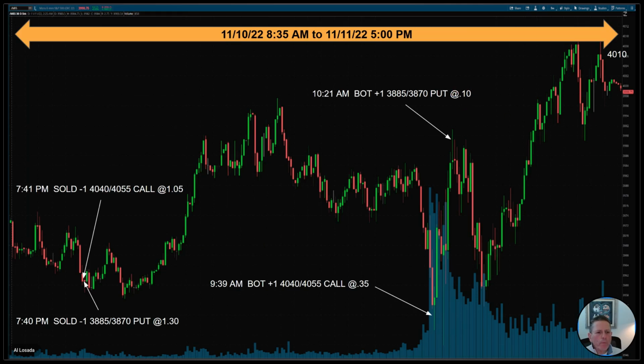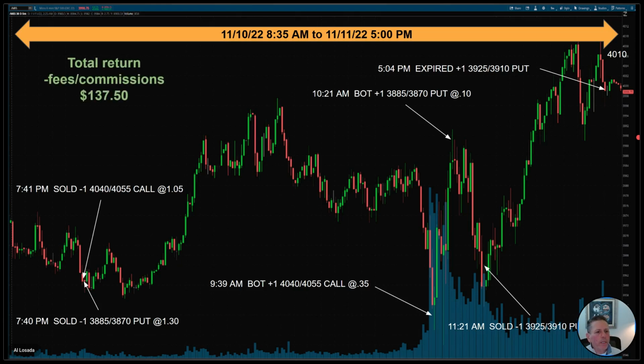That was perfect. Now we put on the put side again at 85 cents. Market went up and we got out of that trade, and it expired, basically. That's pretty much a perfect trade. These were with one contracts.